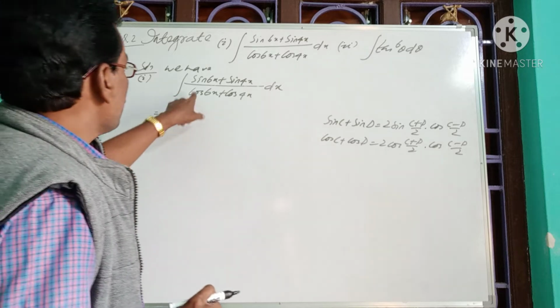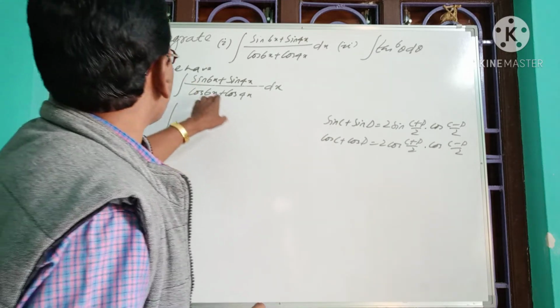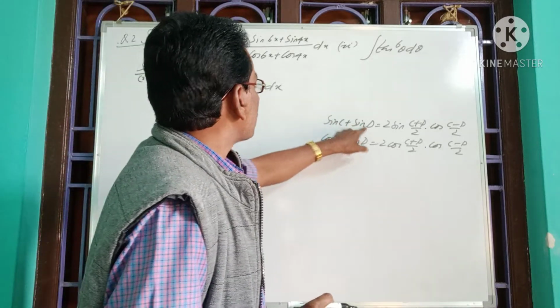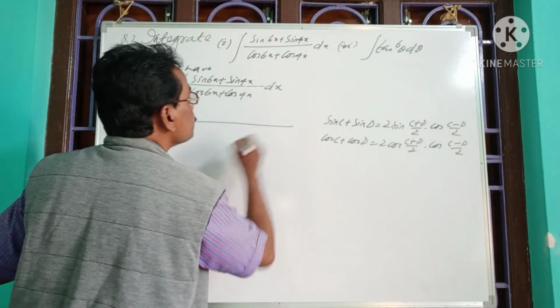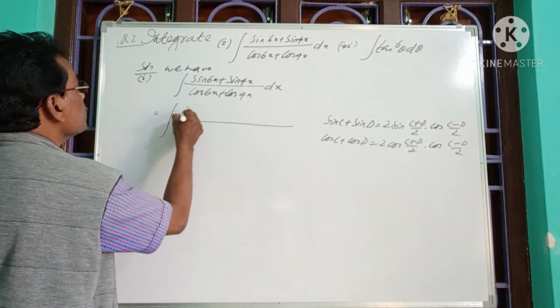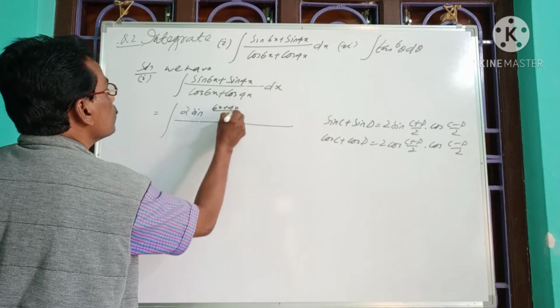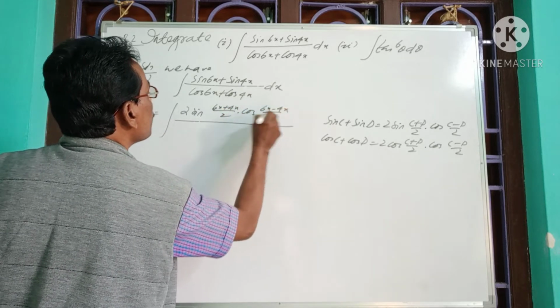Now in the numerator we have sin 6x plus sin 4x. In place of 6x we take c, in place of 4x we take d, so we have sin c plus sin d. Replacing and transforming, we have 2 sin of (6x plus 4x) by 2 into cos of (6x minus 4x) by 2.